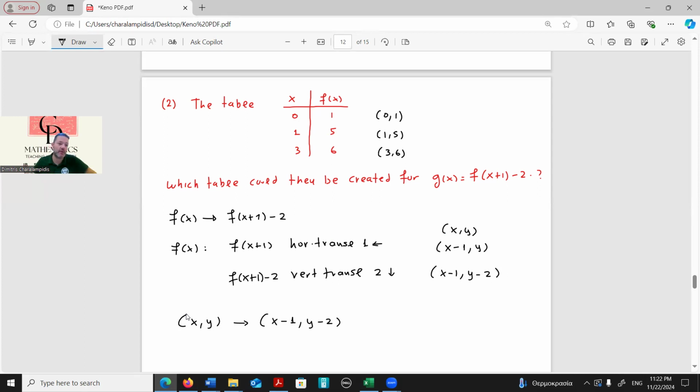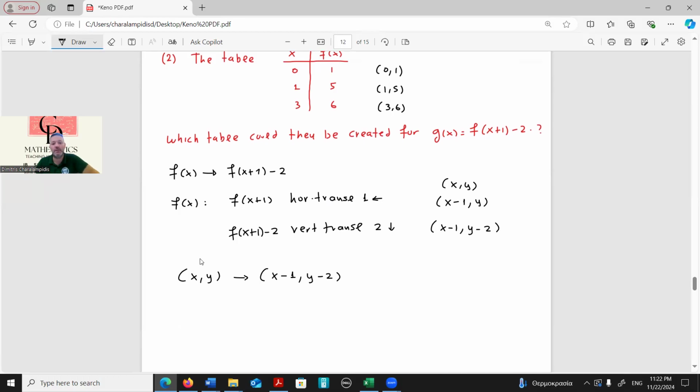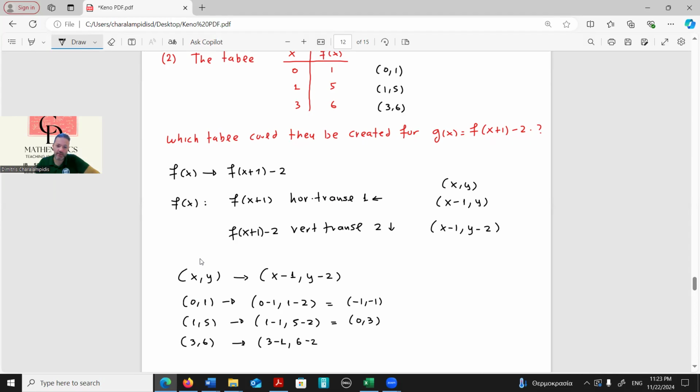Now I'll apply that for each one of my original points. 0, 1 would move to 0 minus 1, 1 minus 2, which is negative 1, negative 1. 1, 5 would move to 1 minus 1, 5 minus 2, which leads to 0, 3. 3, 6 will move to 3 minus 1, 6 minus 2, which is 2, 4.